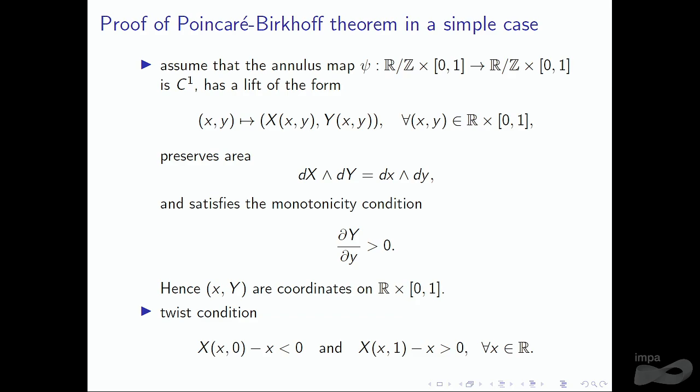And let's assume that this map is C1 to simplify. Sometimes it's not C1. It's just a homeomorphism which is smooth in the interior of the annulus, but might be only continuous on the boundary. But here I will assume that this map is C1. So these functions here will be C1.